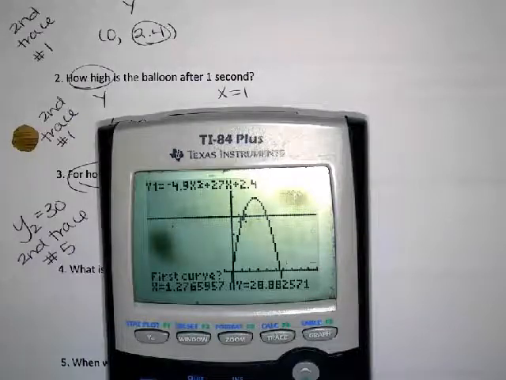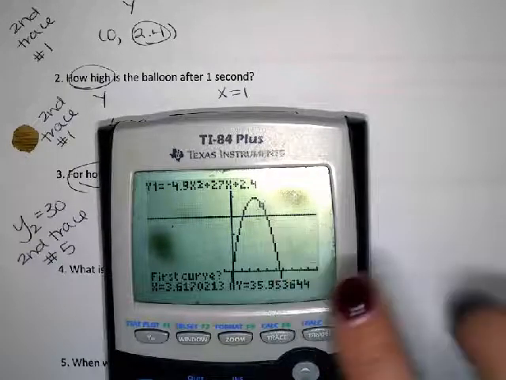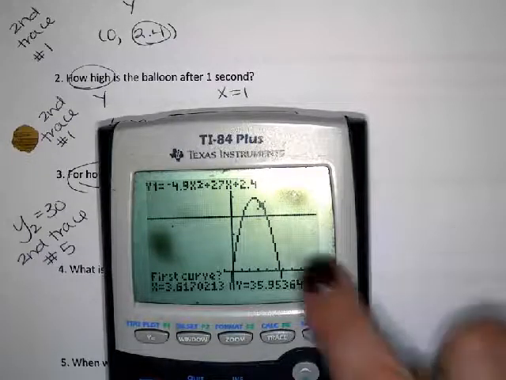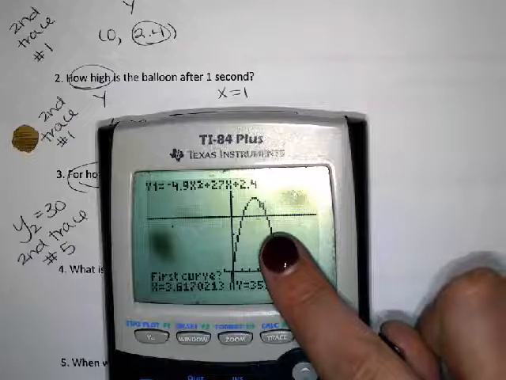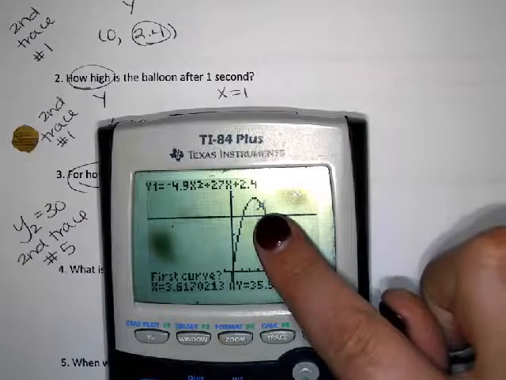So if I press the right arrow, and I get the cursor closer to the second intersection, it does not have to be on top of it. You do not have to be squinting and getting your face really close to the calculator screen and trying to be perfectly on top of it. It doesn't matter. Just get closer to that one, and then once it's closer, press enter, enter, enter. And then it will find the second one. Does that make sense? Okay.